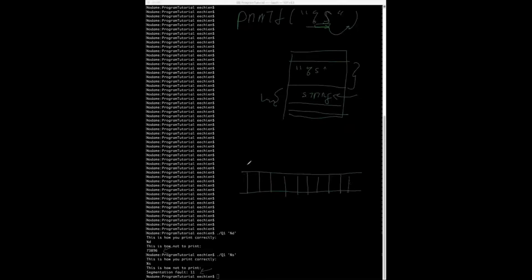In the string representation, when a variable, let's call it t, is a string, it doesn't explicitly store the whole array HELLO. In C representation, t actually is a pointer to the starting point of the string.